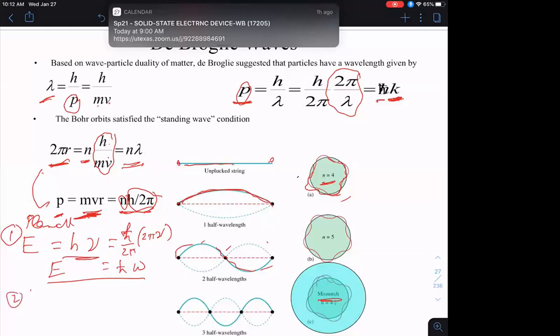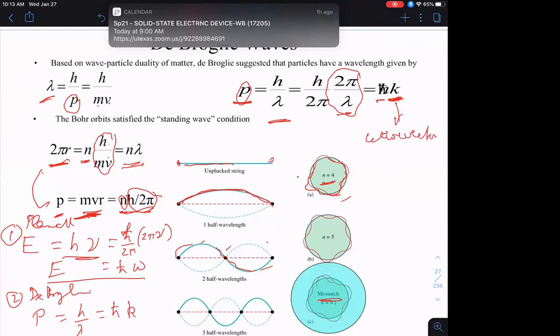The second relationship is the de Broglie relationship that we just talked about. And that is that the momentum is given by h over lambda, as shown over here, or you can divide and multiply by 2 pi, and that can be written as h bar times 2 pi over lambda, which is the so-called wave vector k.